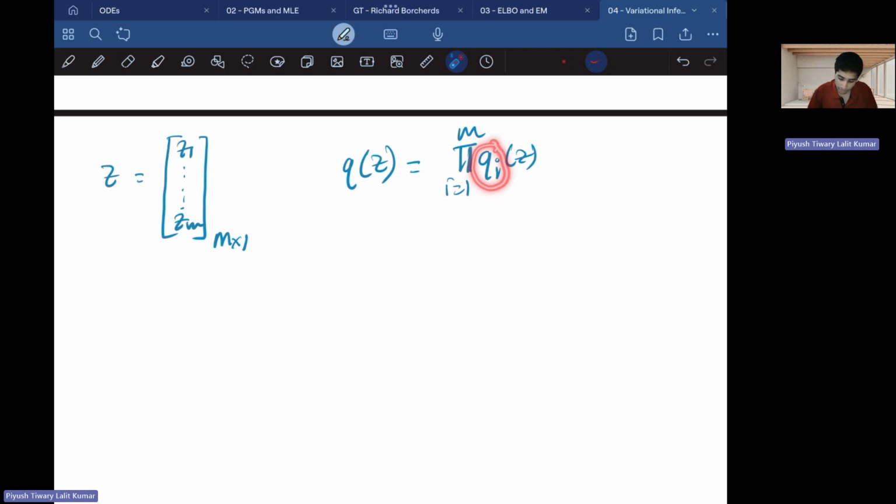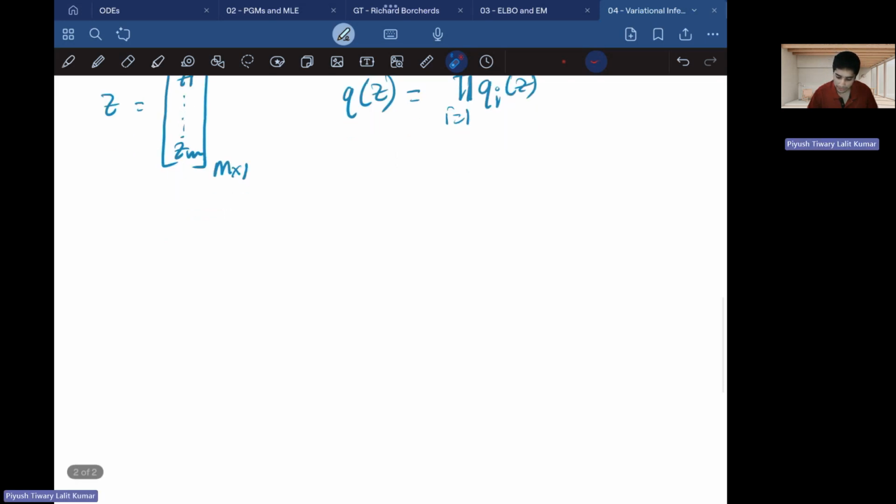So even though we are imposing some sort of constraint here, there is a lot of freehand here. Q_i could be a complex distribution, which we can perhaps exploit to finally maximize the ELBO, right? So I hope you can see that although we are assuming some constraints, we still have a lot of freehand to do stuff.